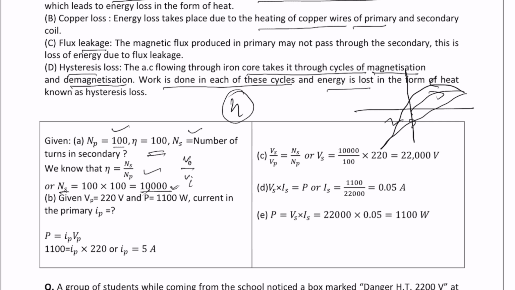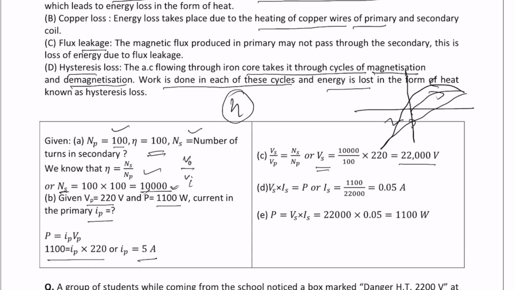Now the second part: the voltage across the primary is 220 volt and the power is 1100 watt. What is the current in the primary? Power is Ip Vp, so we can find out the primary current is 5 ampere. The third part of the question is Vs by Vp equals Ns by Np. So the voltage across the secondary is 22,000 volts.